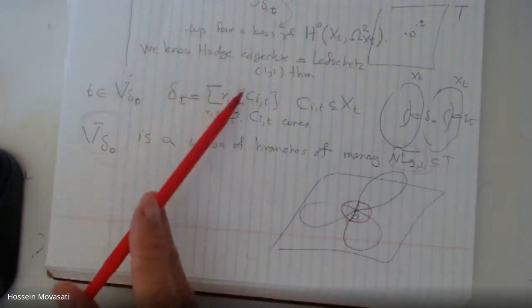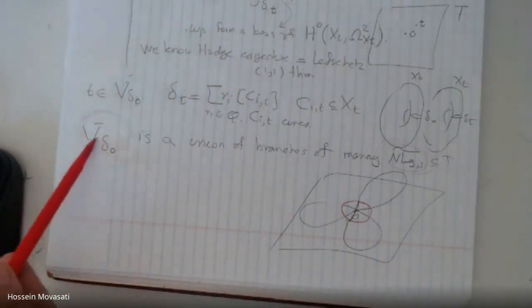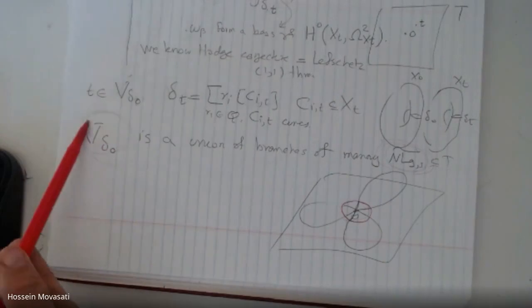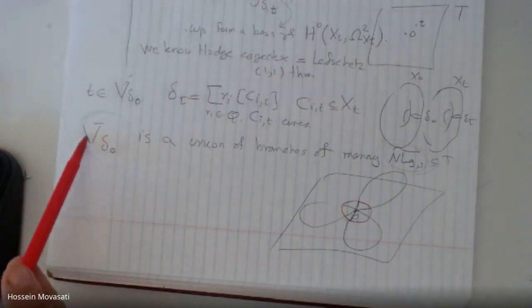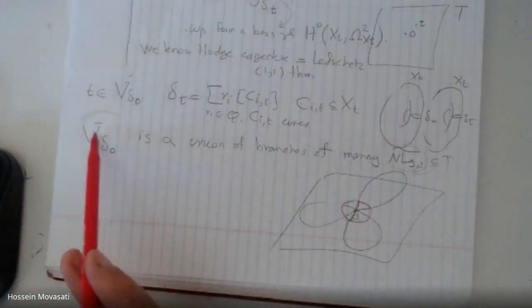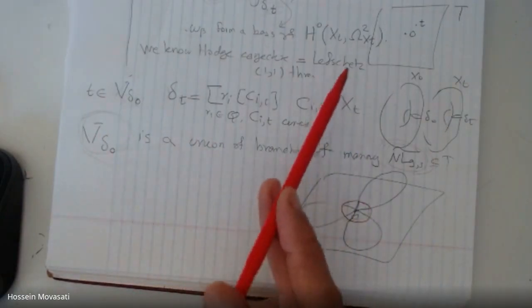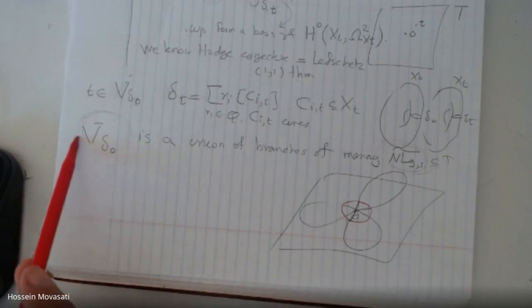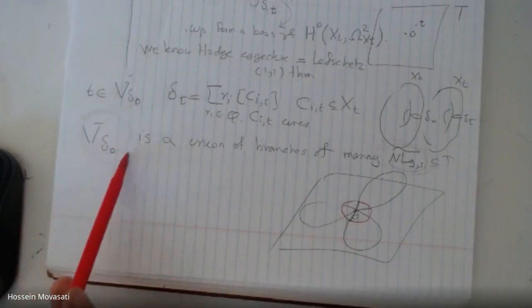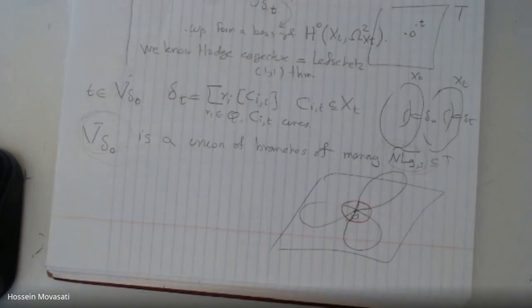Anyway, this means that at the end of the day, the Noether-Lefschetz locus in the local context we can reintroduce as V delta 0, and in order to understand the properties of the Noether-Lefschetz locus, we can try to understand the properties of this V delta 0. Okay, so far this is whatever I did before.